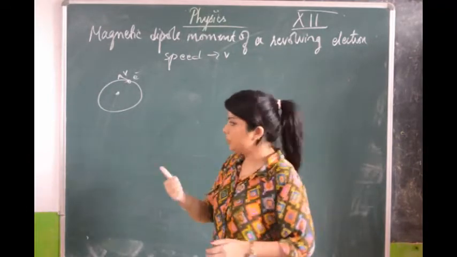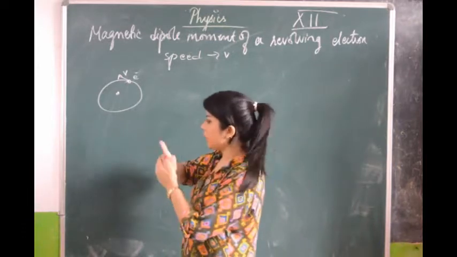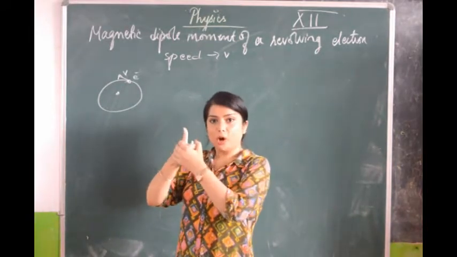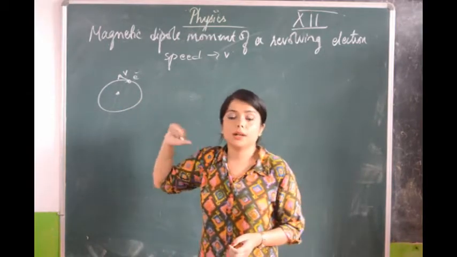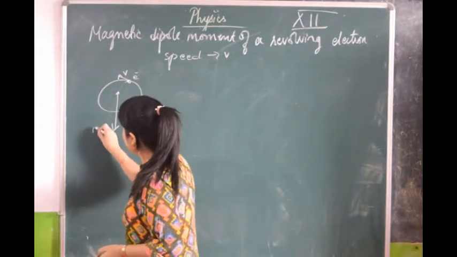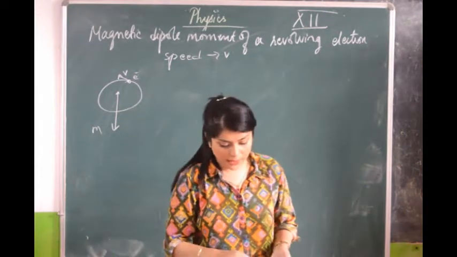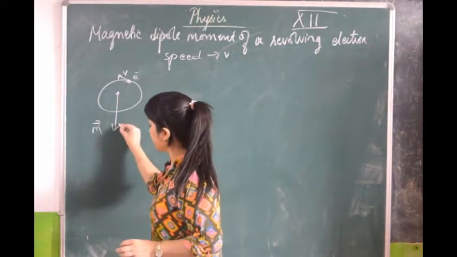By the right hand thumb rule, if it is moving anti-clockwise, the magnetic dipole moment will be downward. So the magnetic dipole moment will be acting downward. This is the direction of the magnetic dipole moment.